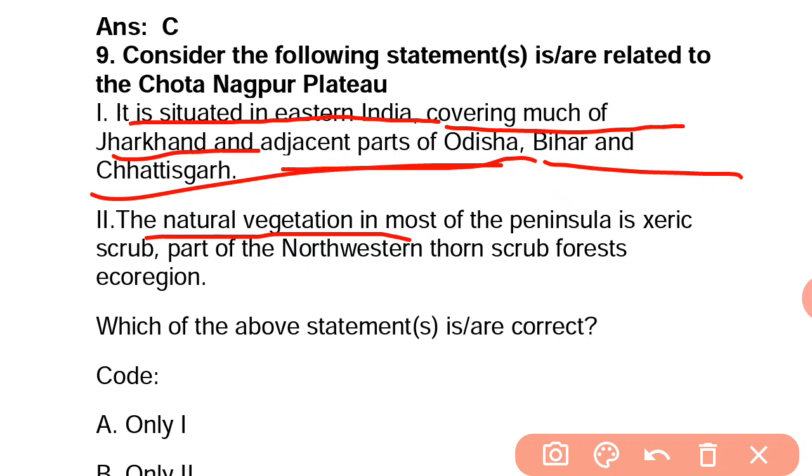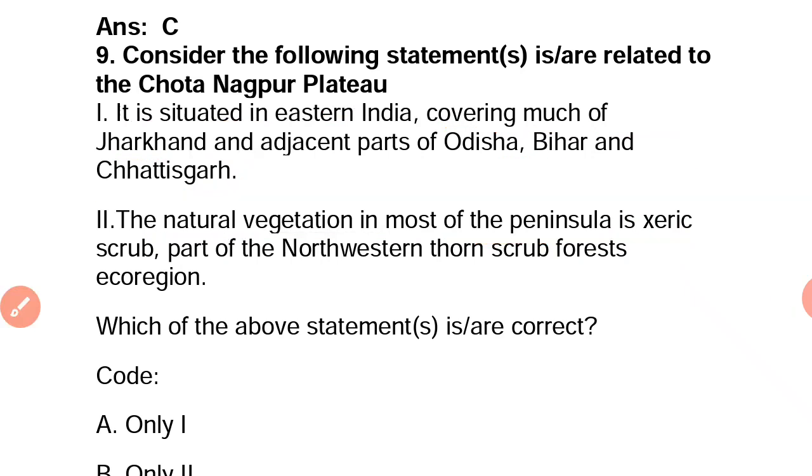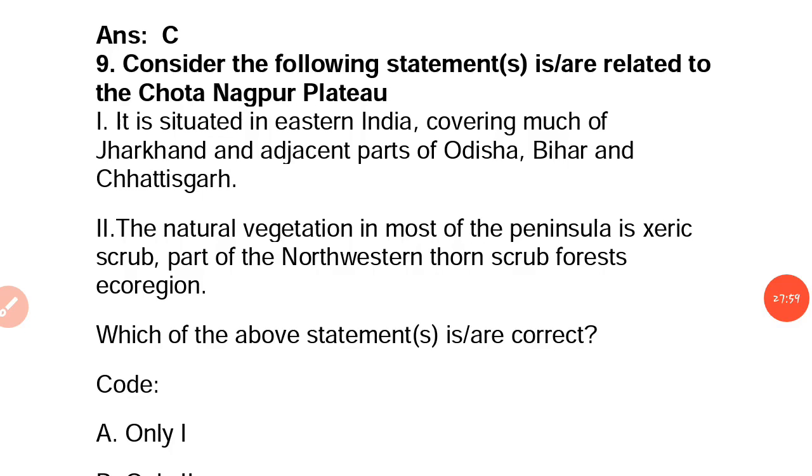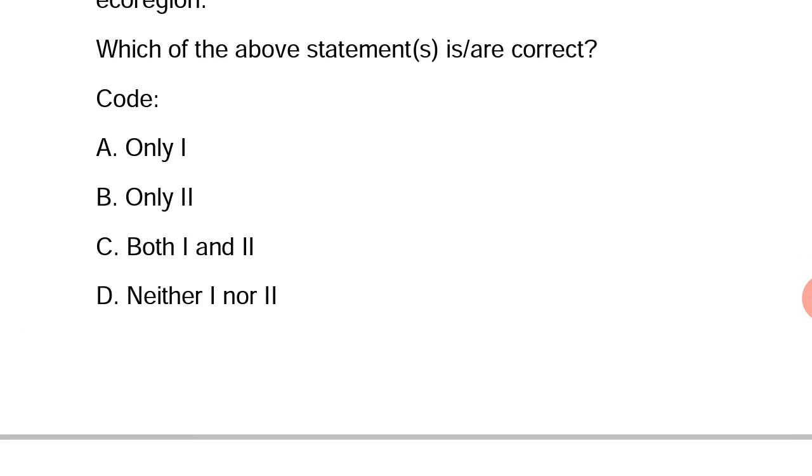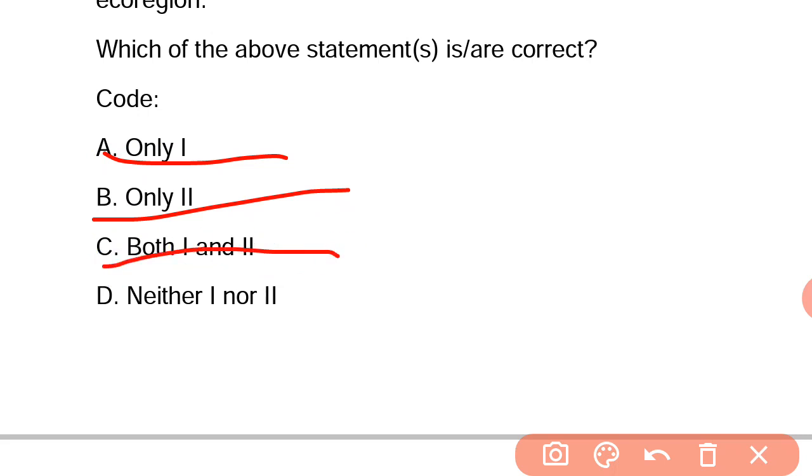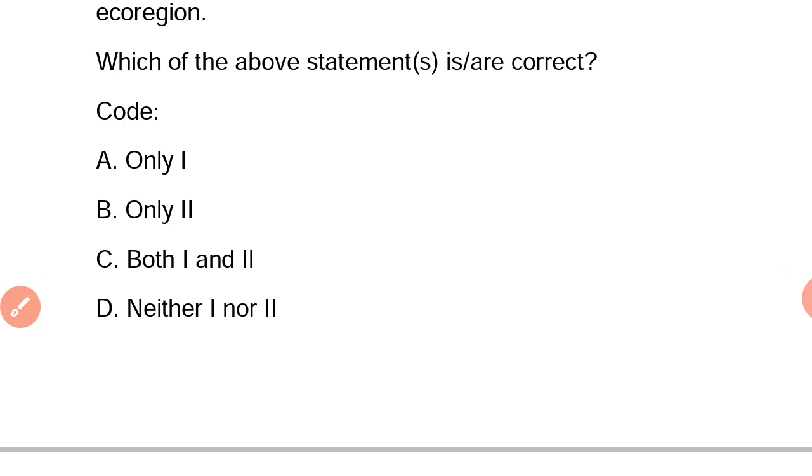The natural vegetation in most of the plateau is part of the northwestern moist deciduous forest ecoregion. Which of the above statements is or are correct? Option A, only I. Option B, only II. Option C, both I and II. Option D, neither I nor II. Right answer is option C, both I and II. Next question.